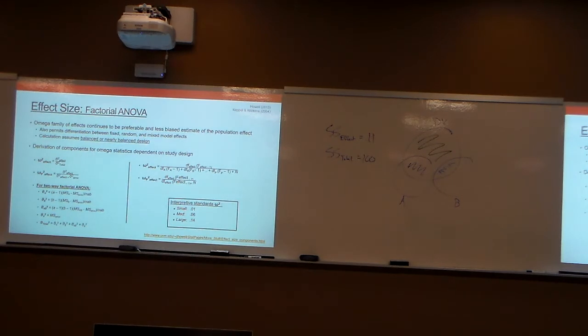Again, if you look through Howell, depending on what type of design you have, this is how you could put together components for a 2-way factorial design. Formulas are going to be different if you have a 3-way factorial design. It starts to get pretty involved. So if you see something like this in the text, this is just what it's talking about. This formula here will pretty much get you the same direction, okay?